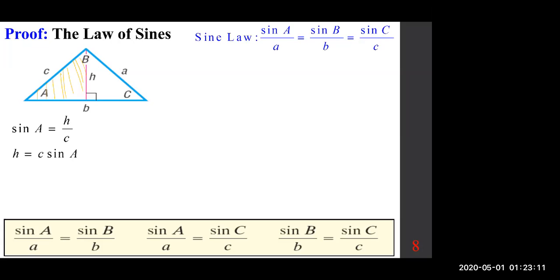Okay. Let me use a different color. If we use the right side, now we can calculate sine C as H over A. And again, we do the cross product and we end up with H being A sine C. Well, they are both H, so they must be identical.